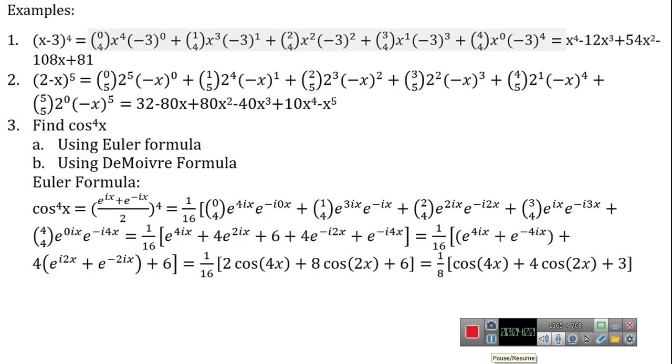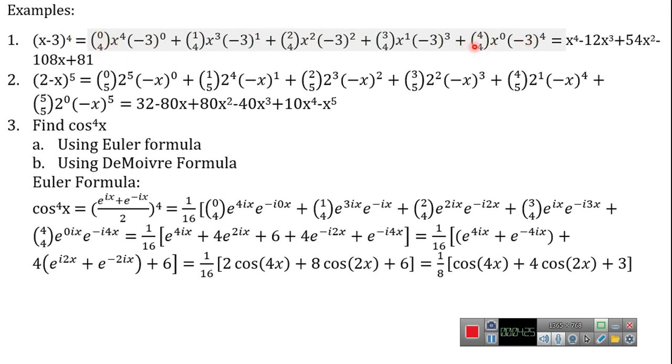Okay. For combination, you can use your calculator directly. So let us take an example to understand it. Suppose you want x minus 3 power 4. So combination, you start 0 out of 4, 1 out of 4, 2 out of 4, 3 out of 4, 4 out of 4.